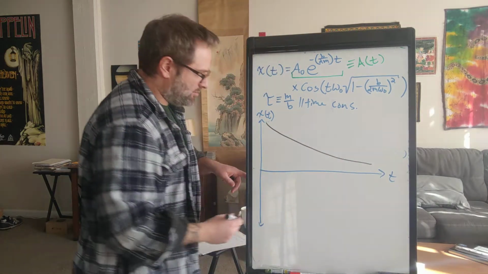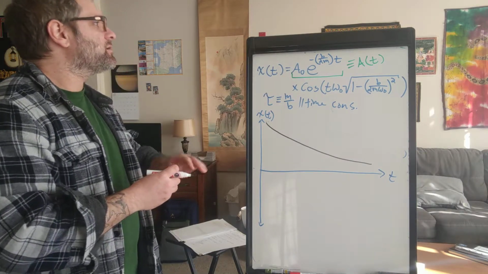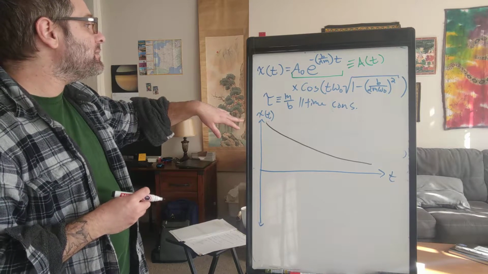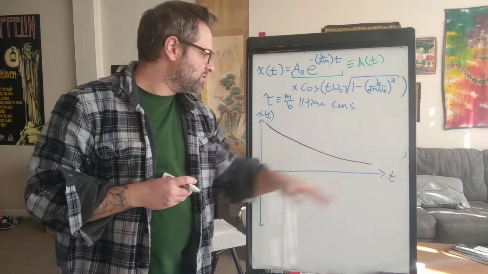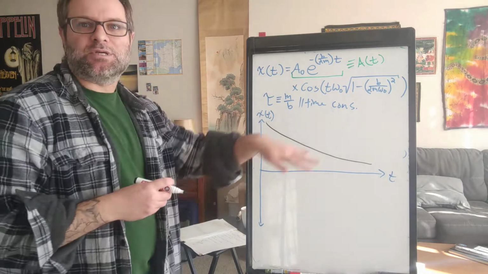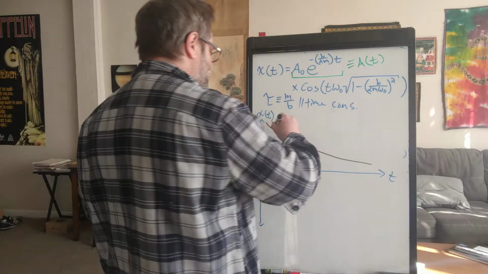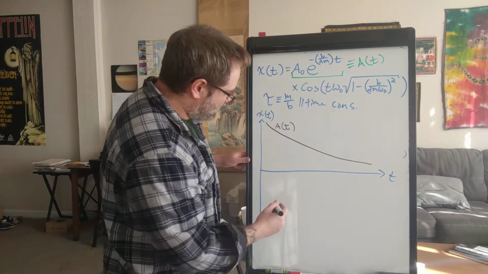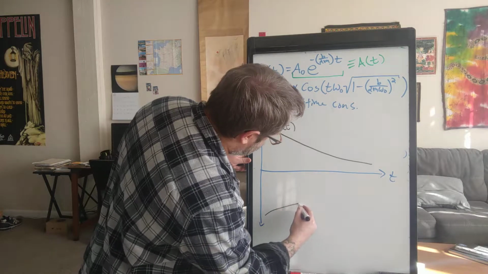So that looks something like this, right? If this time constant were really big, this would be really slow. So we're drawing one that's really slow, just so you can see the behavior. I'm just drawing this A as a function of t here. So this is what we call an envelope function. I'm going to draw a mirror of it down here.